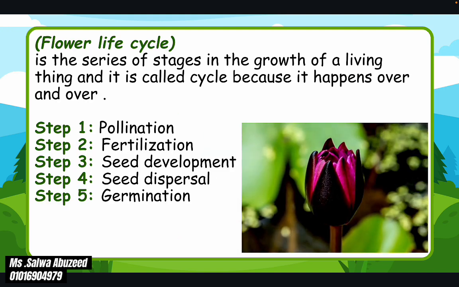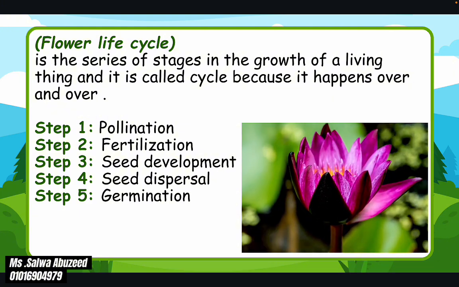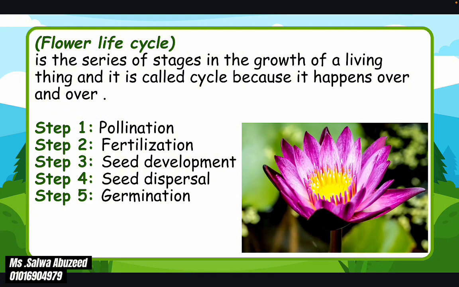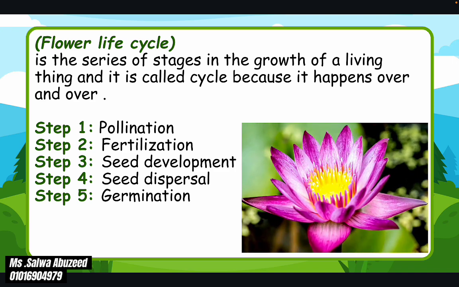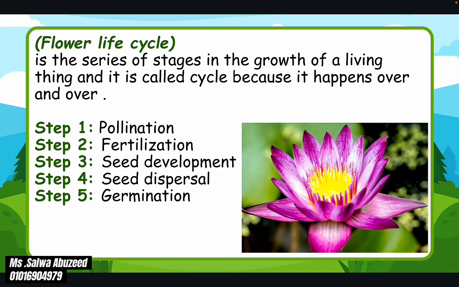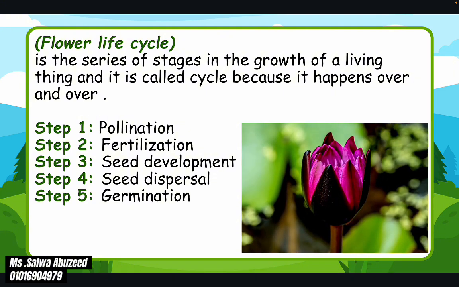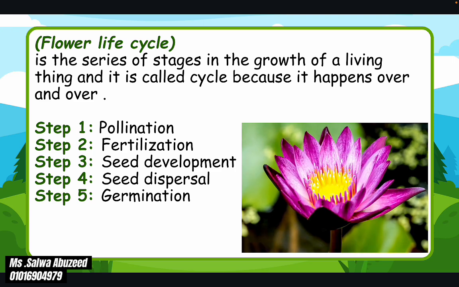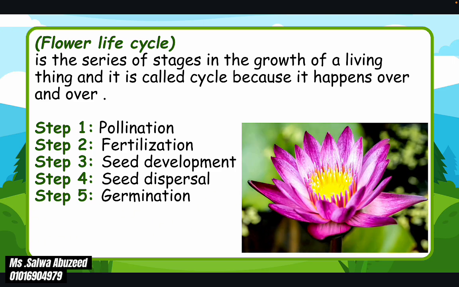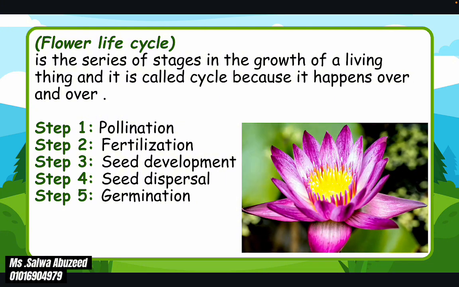Going to the flower life cycle. What's a flower life cycle? Technically the flower doesn't come out poof from nowhere. No, there are steps for that. And in order to give life to the flower, we have to have a flower first. So we have a flower, and then after there is a flower, a process happens which is called pollination.